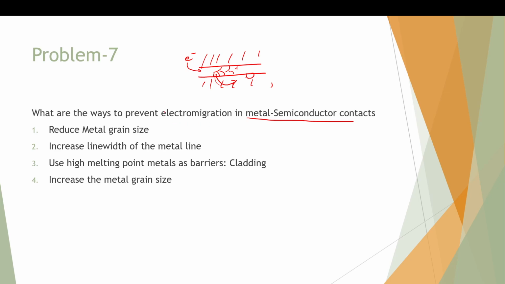So, what are the ways to prevent this? That is the problem of electromigration. Let us look at all these options. First is to reduce metal grains. Increase the line width of the metal line. Yes, you are right.